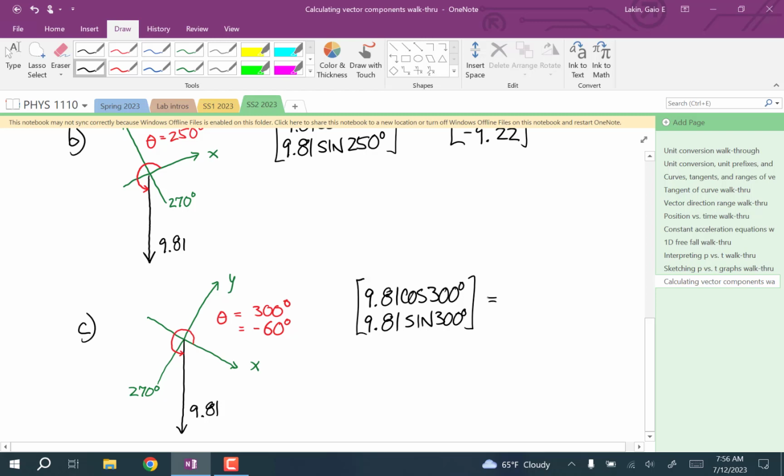And the answer you get is 4.905 for x and negative 8.50 for y.